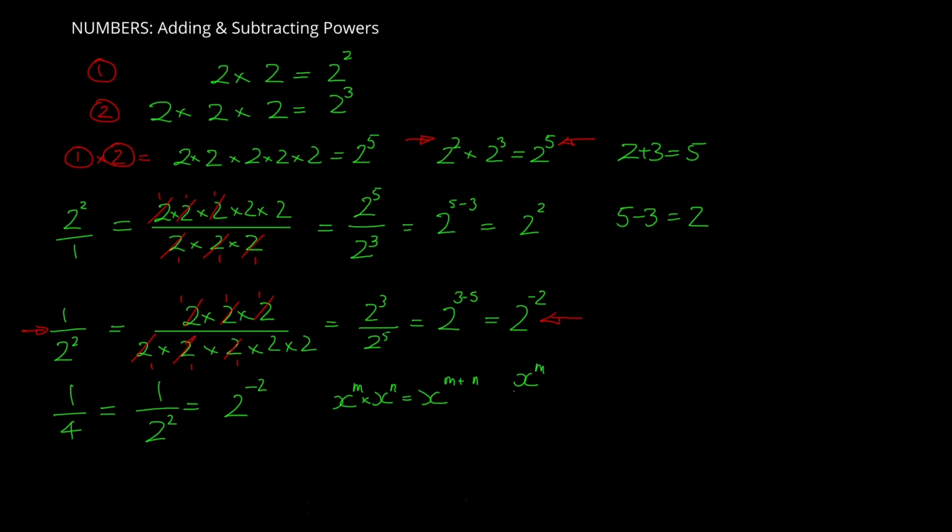X to the power m divided by x to the power n is equal, by the subtraction rule, x to the power m minus n. Now the negative powers. 1 over x to the power m is equal to x to the power minus m. So these three results are well worth remembering and understanding.